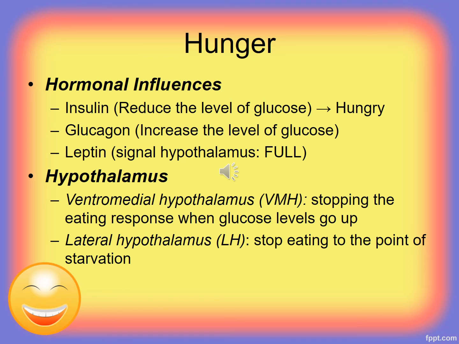The first part of this hypothalamus is the ventromedial hypothalamus. It will stop the eating response when the glucose level goes up. In experiments, rats whose VMH area is damaged will continue to eat until they are overweight.